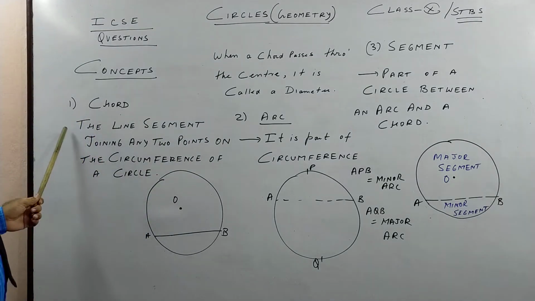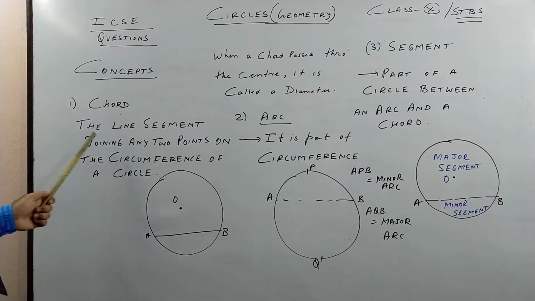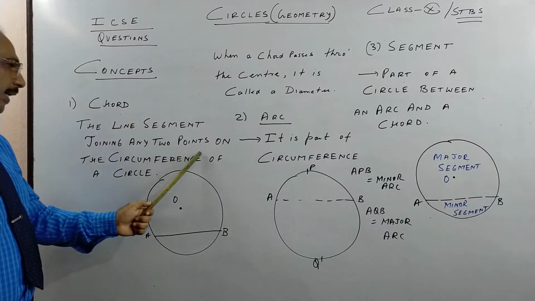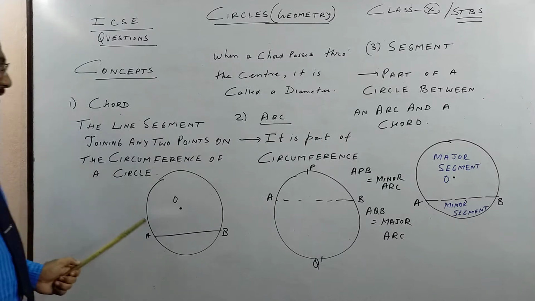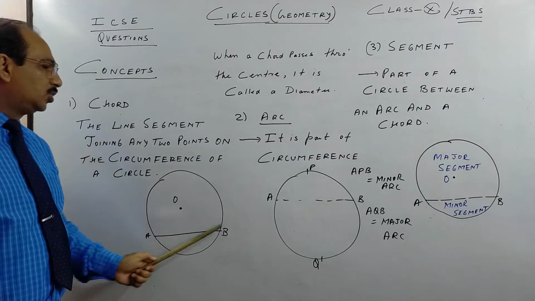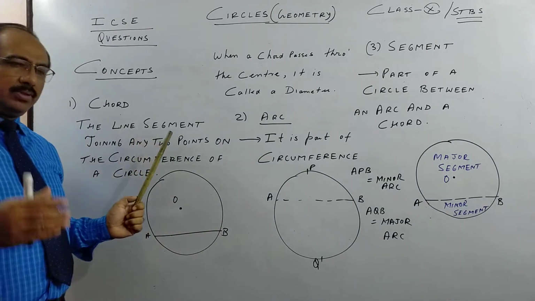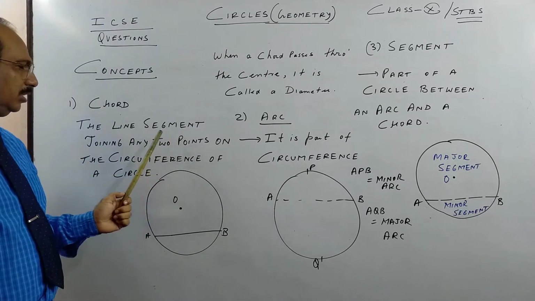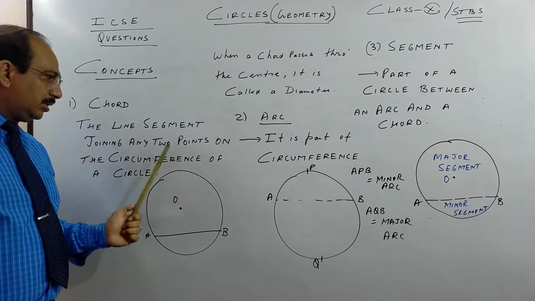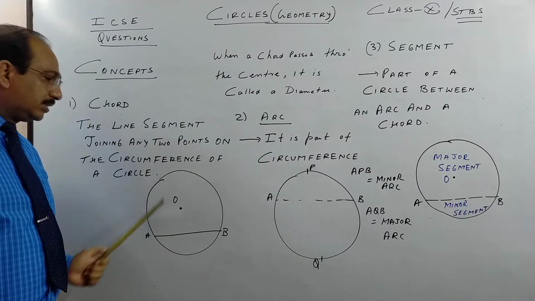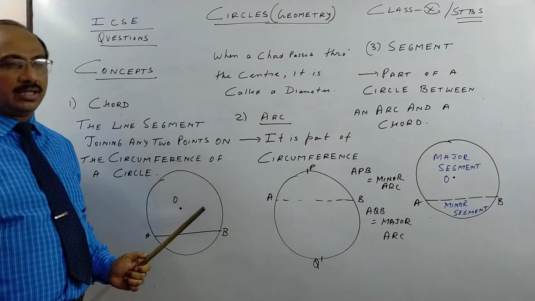So first thing is, what is a chord? A chord is a line segment joining any 2 points on the circumference of the circle. So remember line segment, if you have studied class 7 nicely. Line segment is different from a line in a way that a line segment has a definite length.